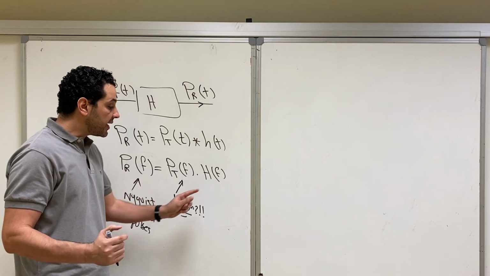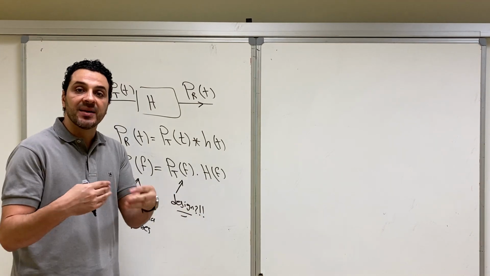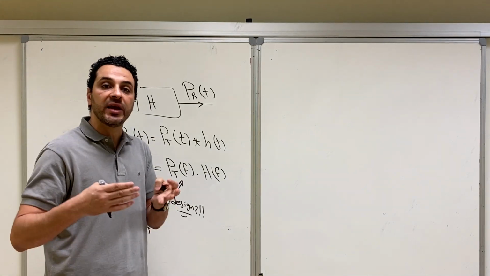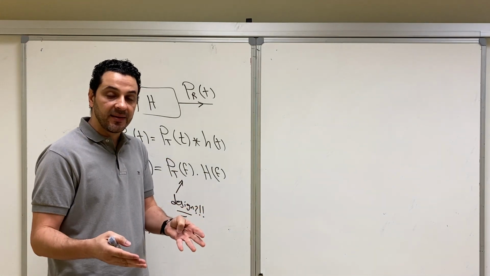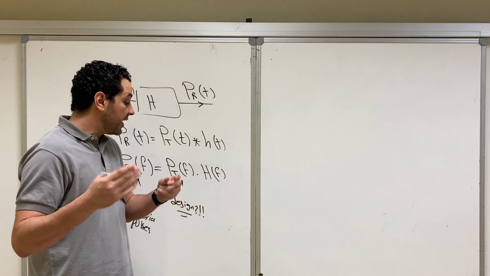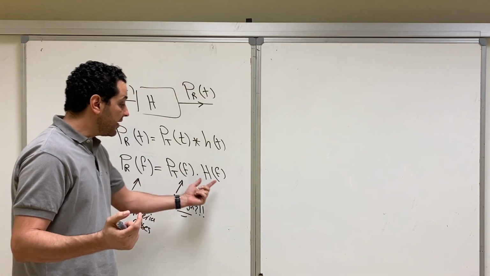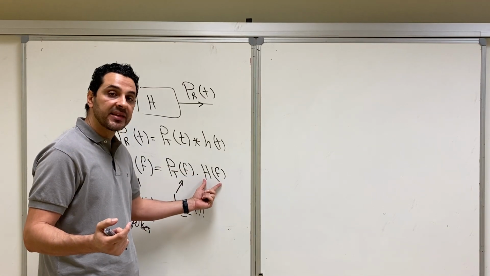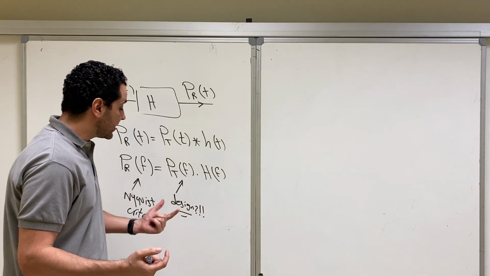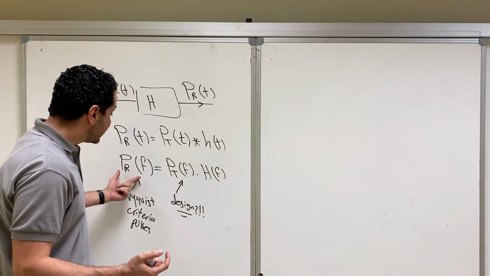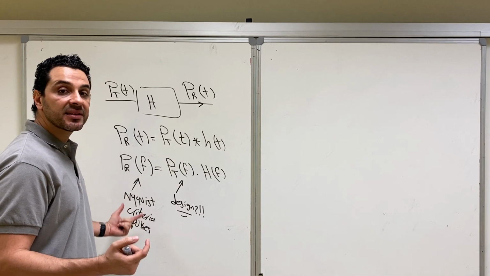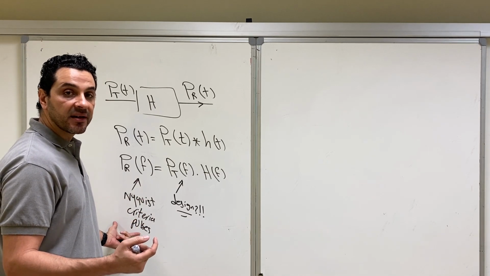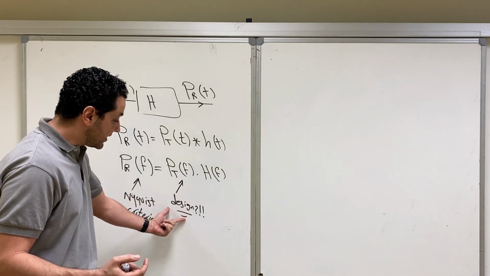This, of course, requires that we know the channel, and this is a more advanced topic. That's why we are not going to go into more details here. We need only to know that you have to take care of the channel effect, and you have to design the pulses at the transmitter so that the pulses received at the receiver, these are the ones that satisfy Nyquist criteria, not the pulses transmitted at the transmitter.